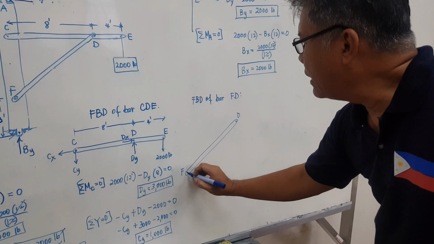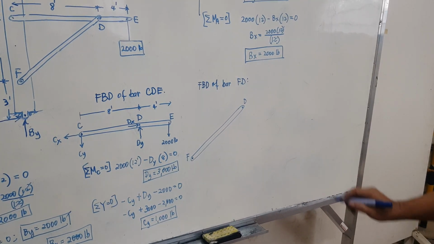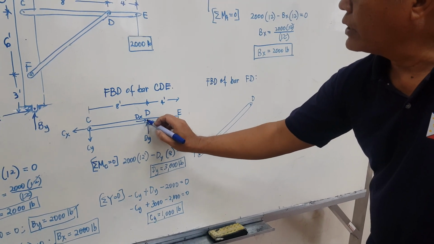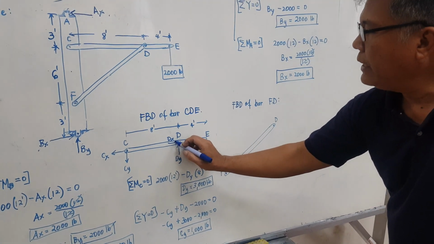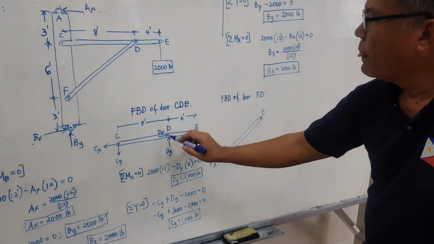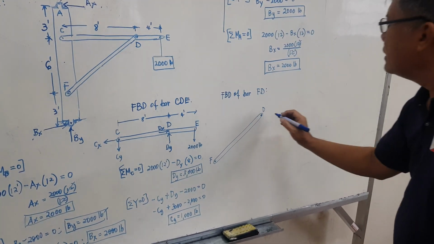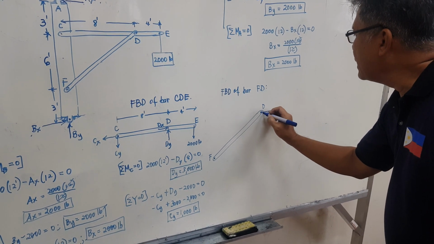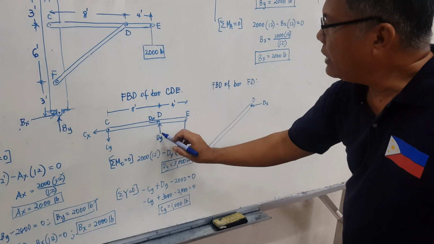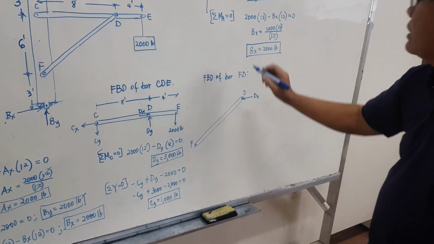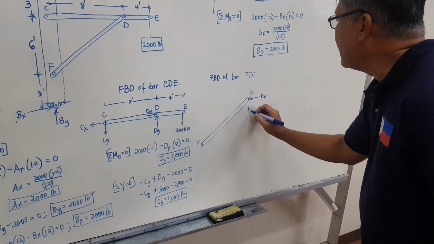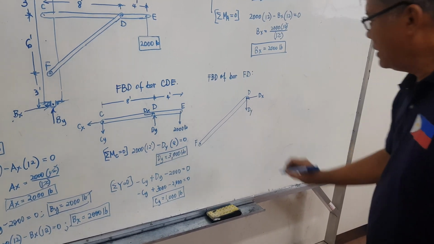So in order for us to solve for the point here, F, the loads there, we need to transfer the forces here, Dx, to point D here. So Dx is going to the right. It should be drawn in the opposite direction on point D. And Dy is pointing upward, so it should be pointing downward on this bar FD.